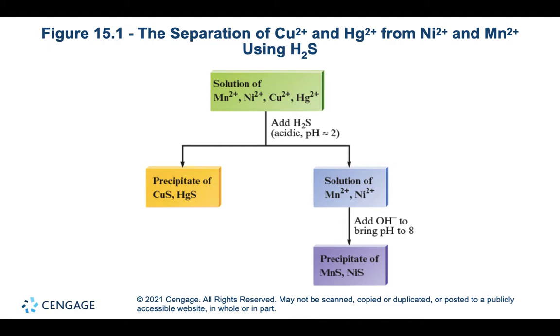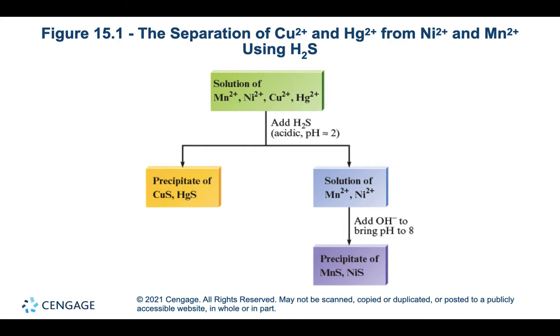It's a diprotic acid. H2S has 2 H's, and you're going to end up with some H+ and some HS minus and some S 2 minus. Now the S 2 minus is going to be high enough in molarity, if you've added enough H2S, to begin precipitating your copper 2+ and your mercury 2+, because they precipitate at very low concentrations of S 2 minus.